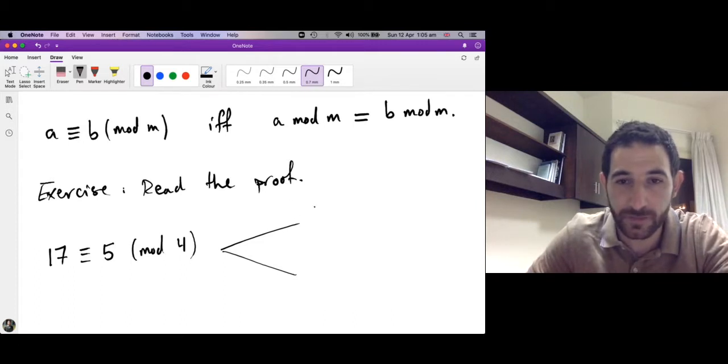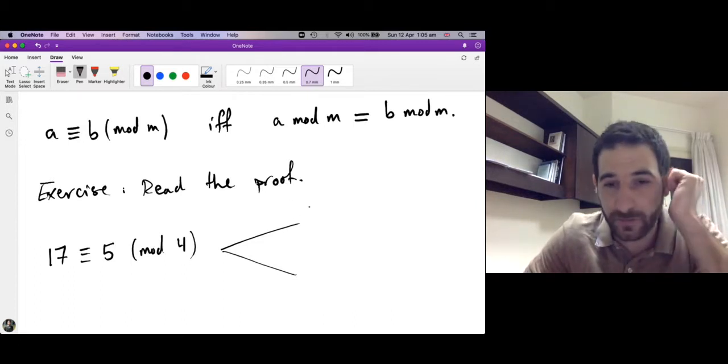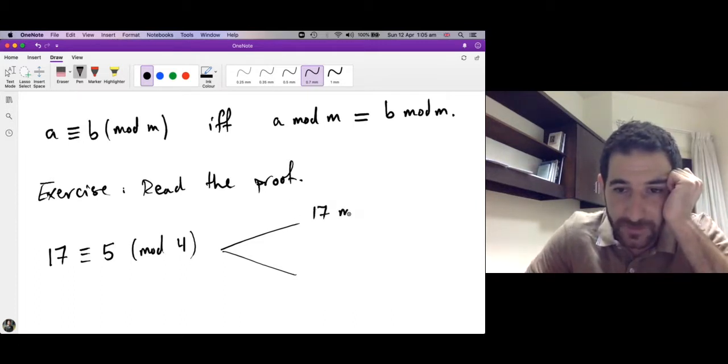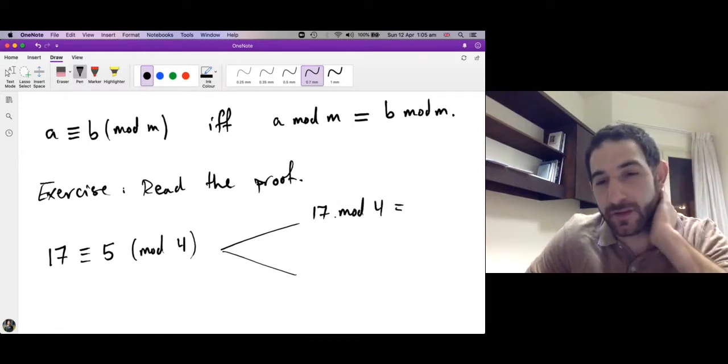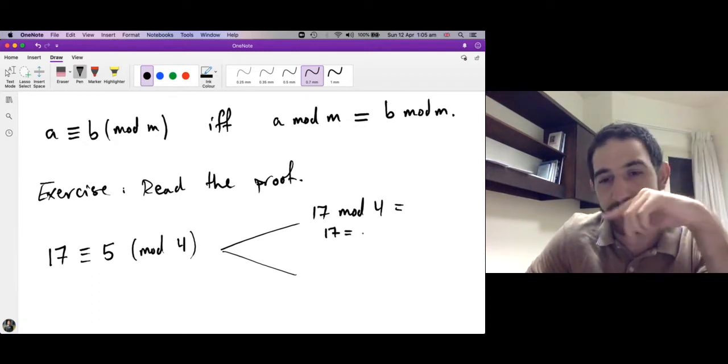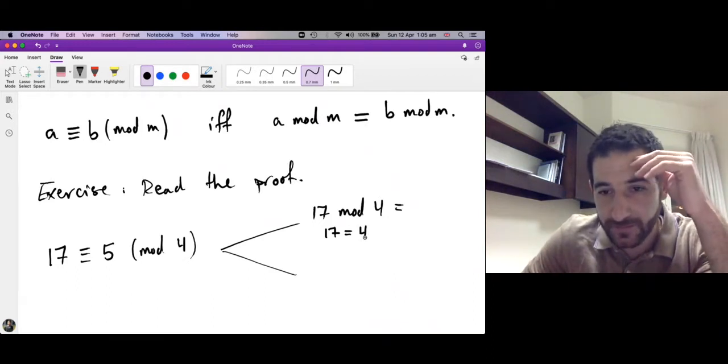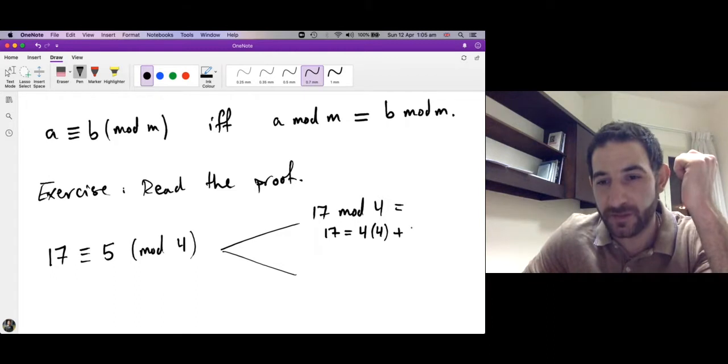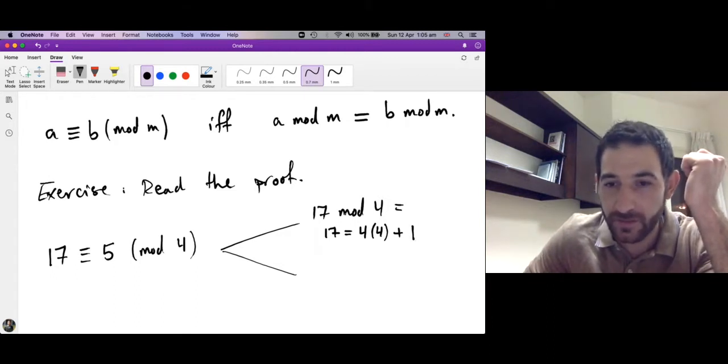So let's compute what 17 mod 4 is. What is the remainder after dividing 17 by 4? Remember, we can write 17 in the form q times m plus r. Here q is 4 and m is 4, plus the remainder 1. So we know that 17 mod 4 is 1.